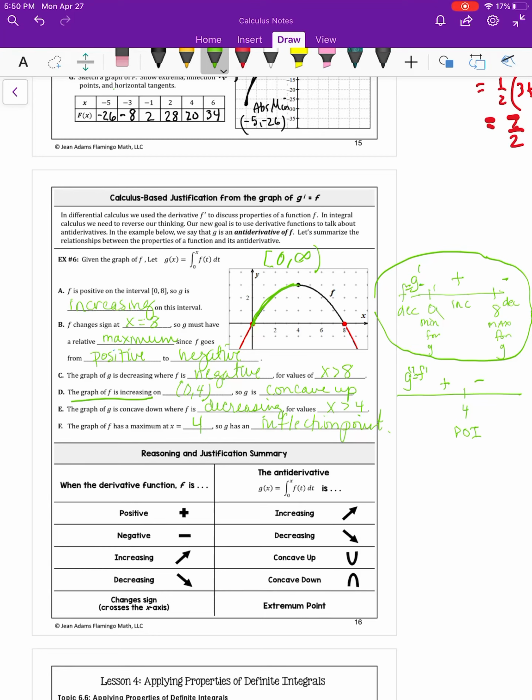When the derivative is increasing, you have concave up on the original function. When your derivative is decreasing, you have concave down on the original function, the antiderivative. And changes in sign, where it crosses the x-axis on the derivative, are going to be extremum points on the antiderivative.